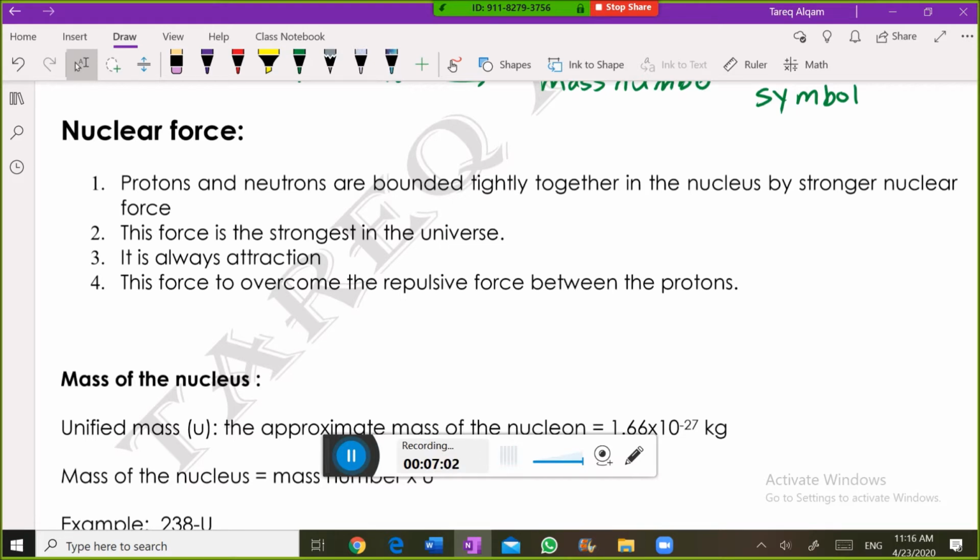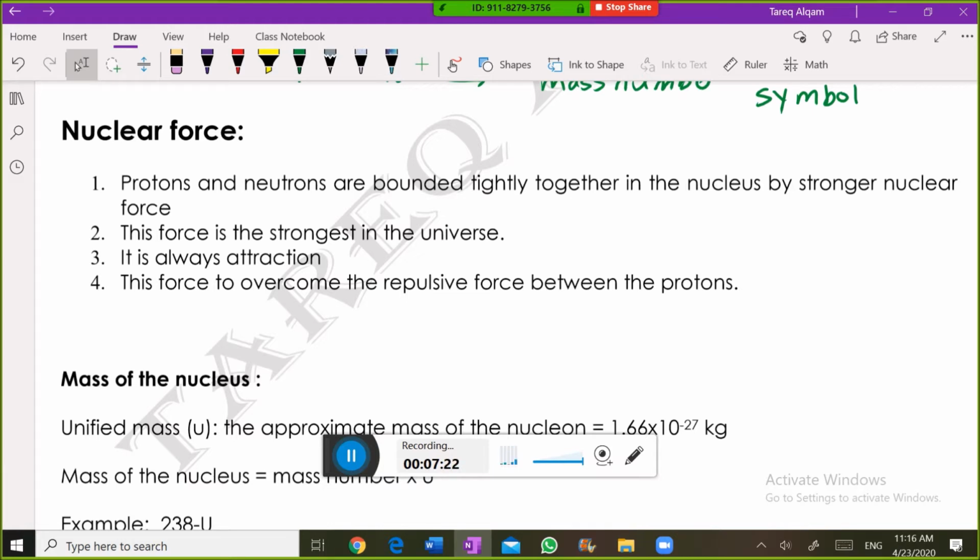Since they are very close, this repulsive force is extremely high, but the nuclear force is stronger than this repulsive force. So this nuclear force will bind protons and neutrons tightly together in the nucleus.